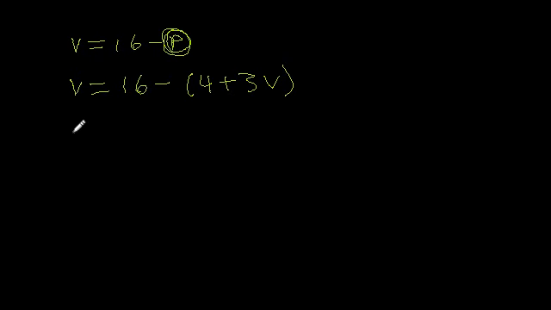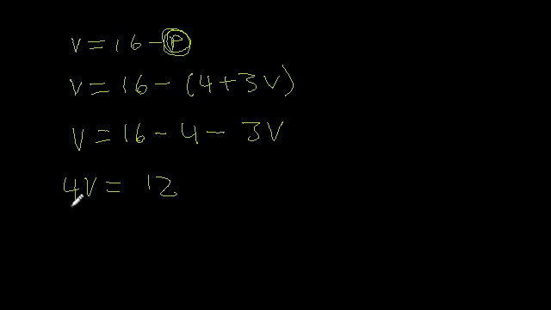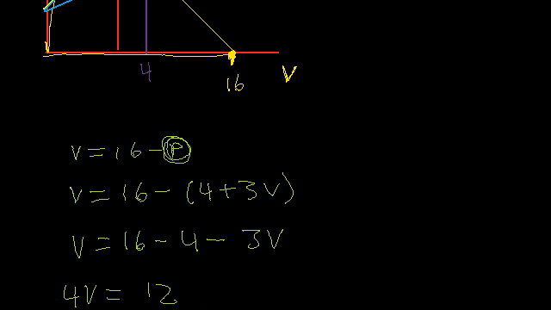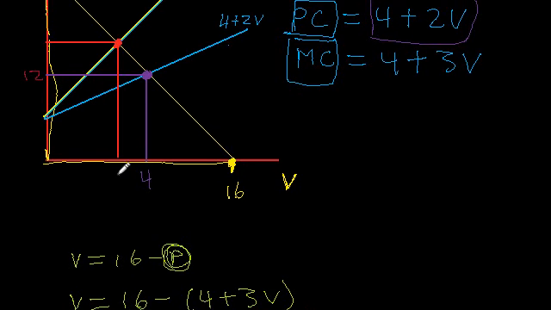We'll just work out what that is. So V is equal to 16 minus 4, opening the brackets, minus 3V. I'm going to add 3V to both sides, so we'll get 4V is equal to 12. Divide now both sides by 4 to get rid of that 4. Then we'll end up with V is equal to 3. Good. So we can input that information into our graph. V is equal to 3.